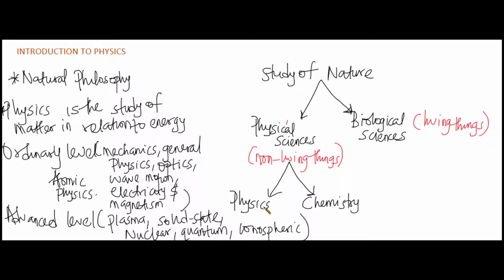We also have electricity and magnetism at advanced level also, but the ordinary level just gives us some basic ideas of dynamo principle, electromagnetic induction. But at advanced level, we'll now be looking at Maxwell's equations.